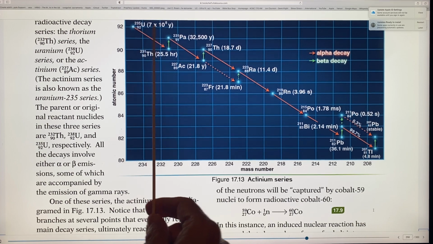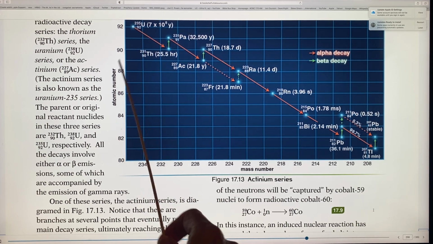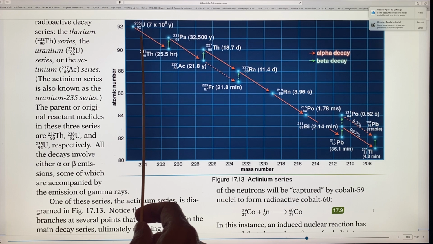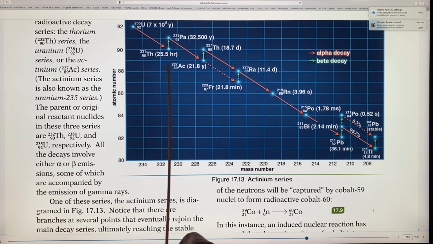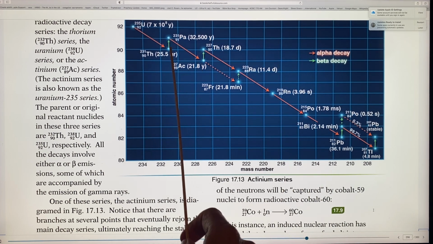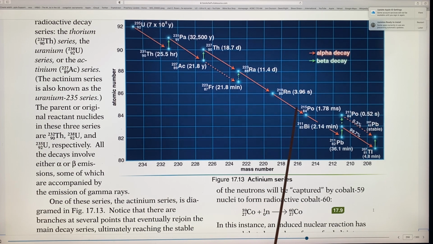Let's look at it. We started off with atomic number here as 92. We're going to decay the thorium. As we go down here, thorium turns into these, and as it turns into these, it decays more. It turns into another one. It goes as a chain reaction as it's decaying. Alpha decay is red, and beta decay is happening too at the same time in some of these. See how they're decaying. But there's a series.